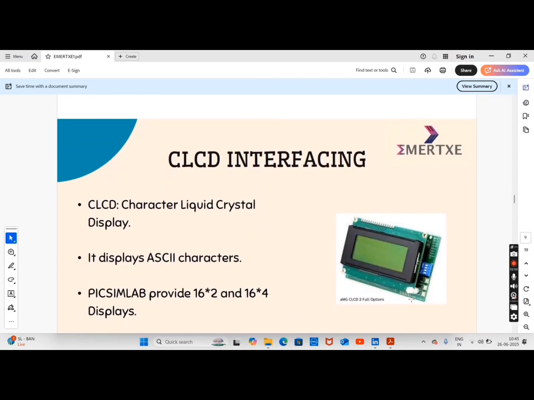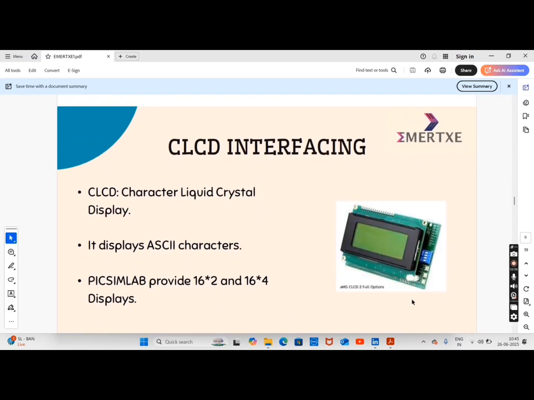Now we move to the next slide, CLCD interfacing. What is CLCD? CLCD stands for Character Liquid Crystal Display. So here we talk about the character liquid crystal display.